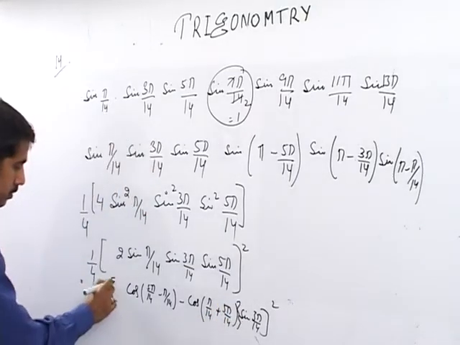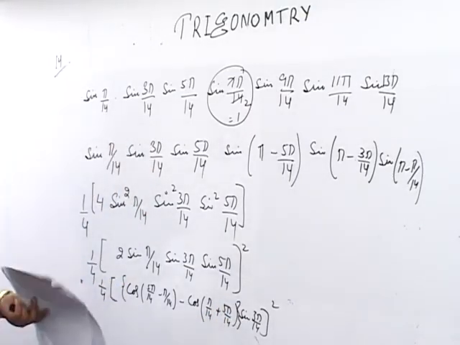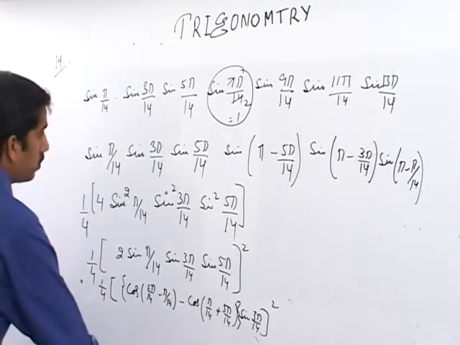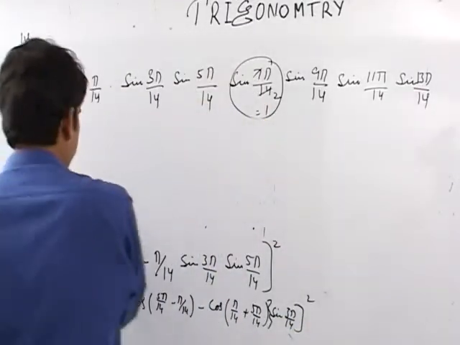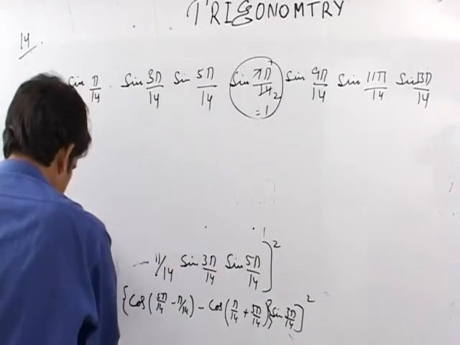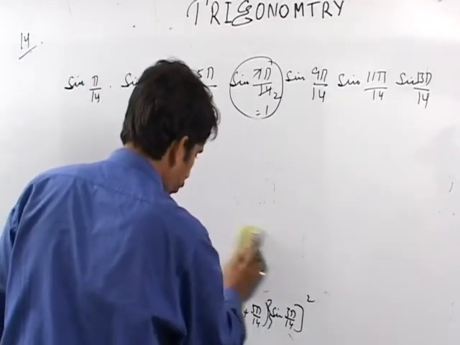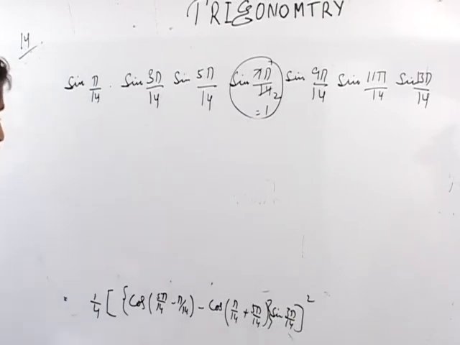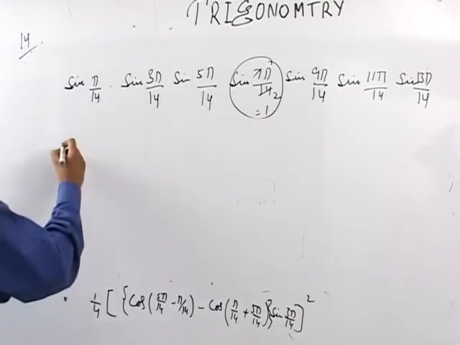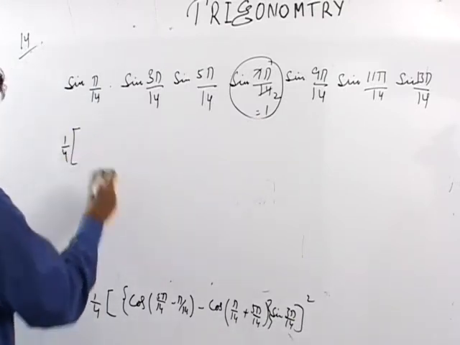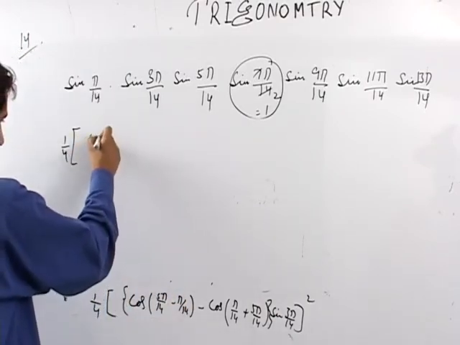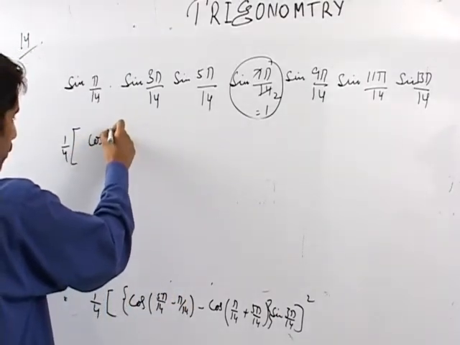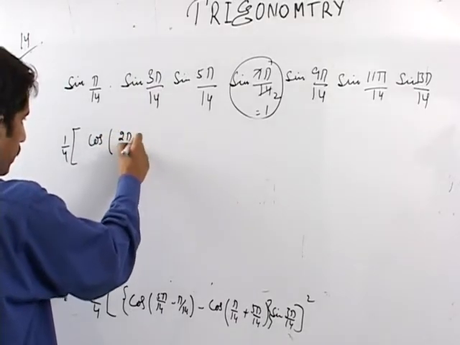Make this bracket here. 1 by 4, this is cos of 4 pi by 14, which is 2 pi by 7.